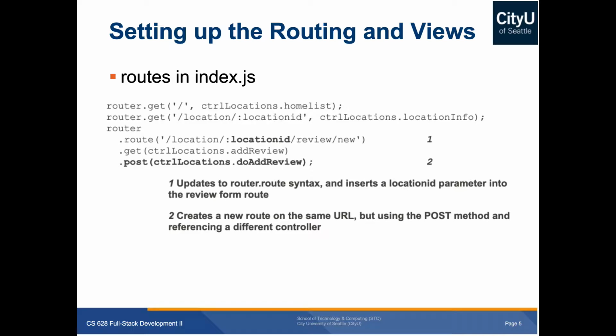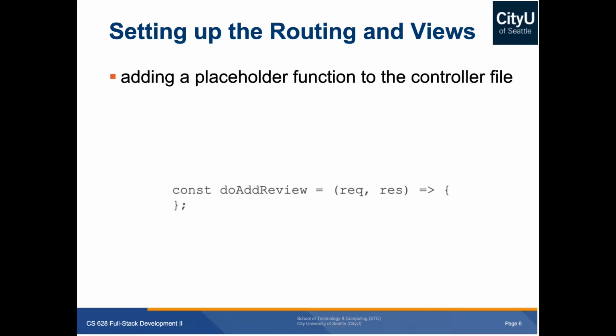So you would have a router object with a dot post for the route locations, location ID, review, and new, and a post that would call the controller locations dot add review. We try to add the placeholder and test it out. Don't forget to export it.